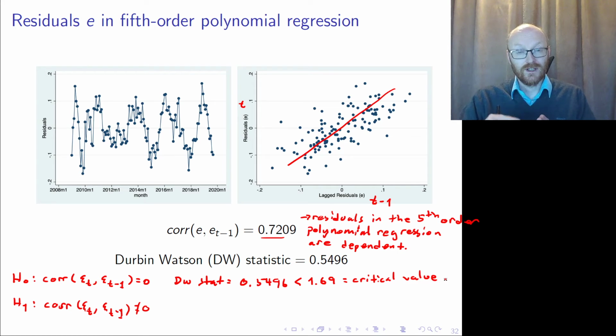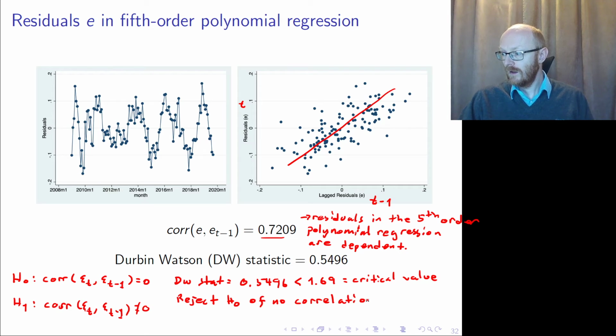If the Durbin-Watson statistic is lower than the lower critical value in the Durbin-Watson table, then we can reject H0 of no correlation in the residuals, which means that we have autocorrelation.